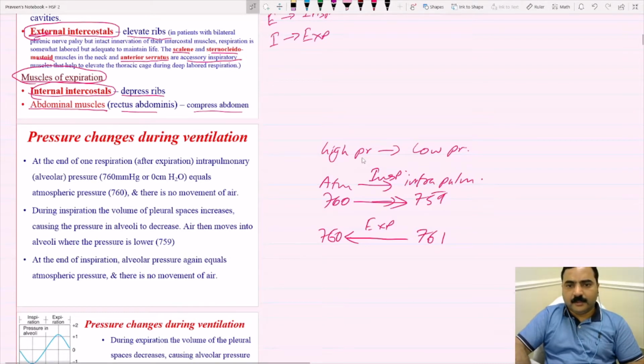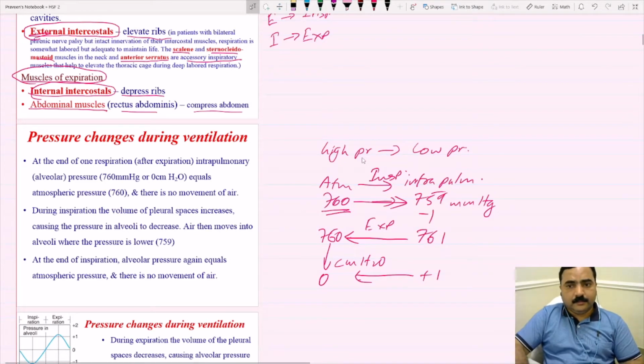Normally we don't use the atmospheric pressure in millimeters of mercury; we say it in centimeters of water. So simply consider this as 0. That means 761 will be plus 1 and 759 will be minus 1.